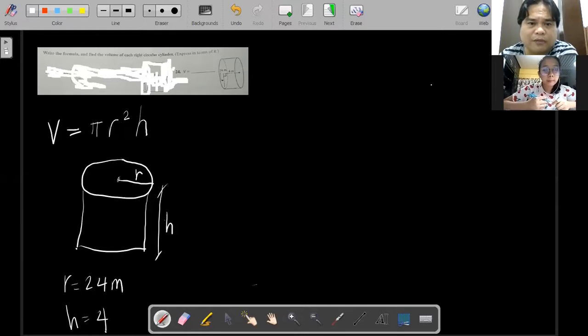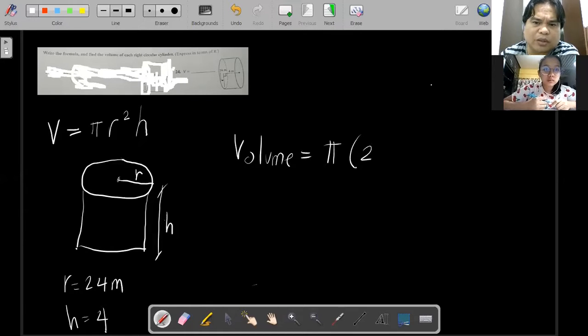So therefore, to solve for the volume, it is just pi times the radius, which happens to be 24 meters, squared, and then times the height. The height is 4 meters. Get it, Sam? Yes, okay.